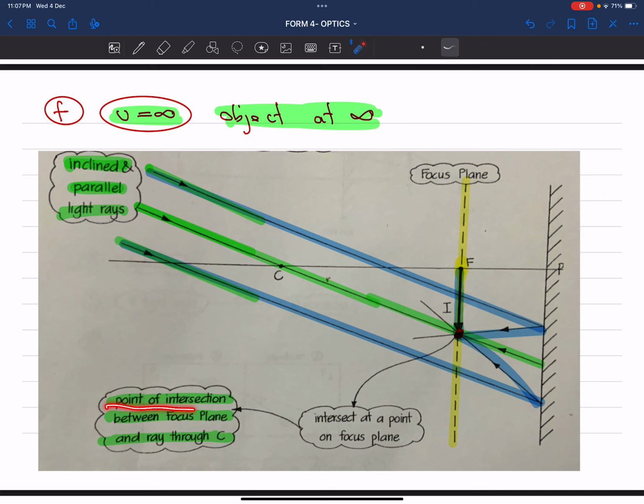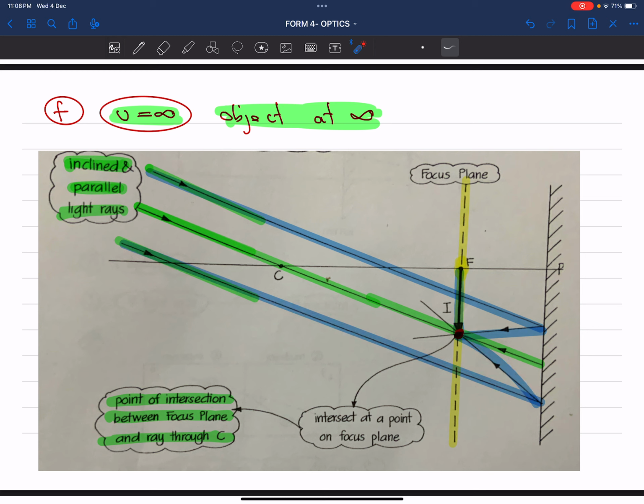The point of intersection between the focal plane, which is this, and the ray through C, which was this line. So this and this, the intersection, you must get this first. And all the other rays will come back to this point. The top ray, straight line until the mirror, reflects back to that point. The down ray, straight line until the mirror, reflects back to the point. And we establish the position of the image.